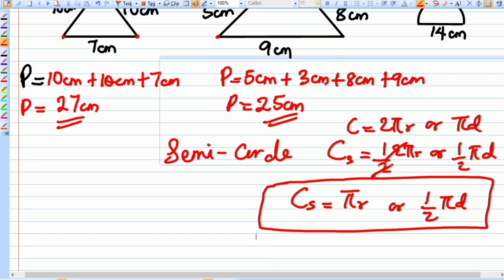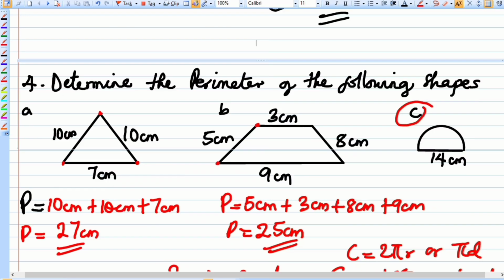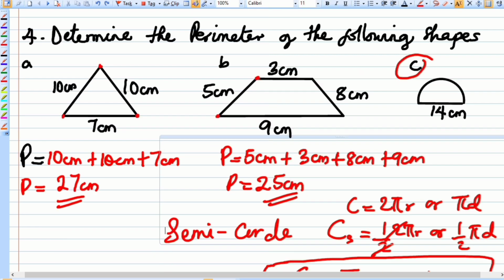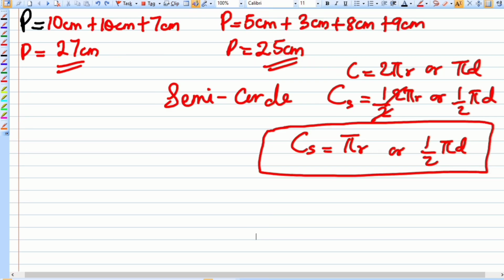Now, when we consider this question that was given, you discover that this line here, of course, is the diameter. So this is the diameter, right? So I think it would be wise for us to use pi d in this question. So since we're working with the diameter, which is 14, we're going to use circumference, all right, or perimeter. Circumference of the semicircle, we're going to use half pi d to simplify.